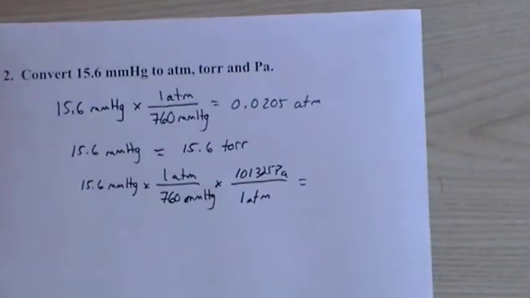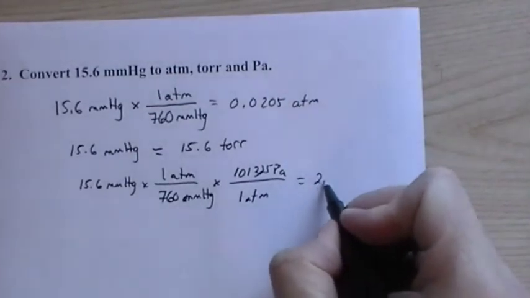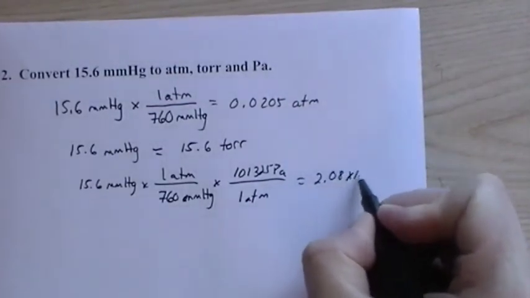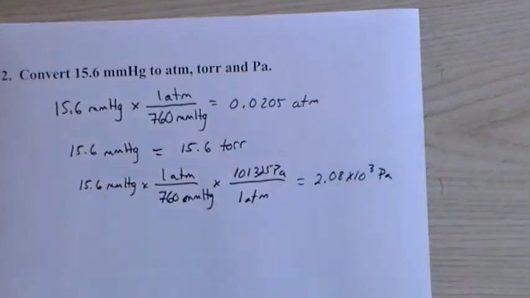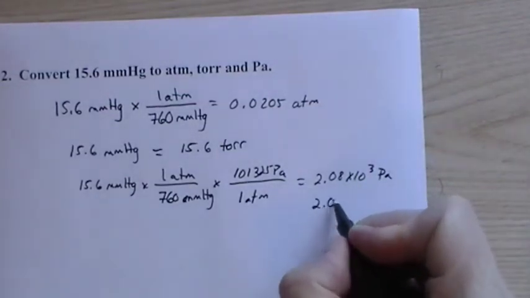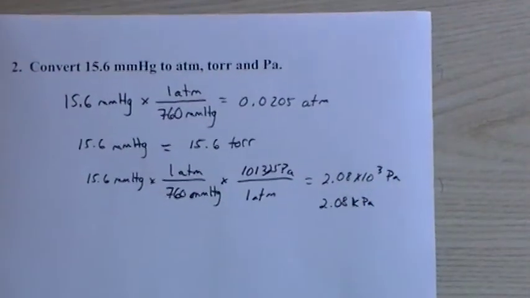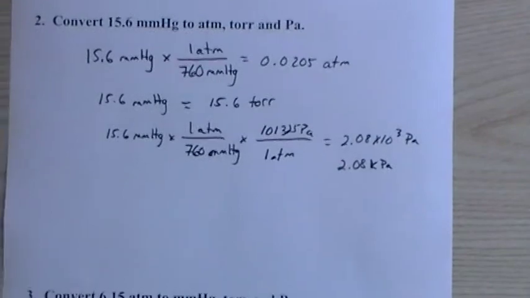It uses the base units of the metric system, so that's why it has such a large number. It's also the reason that we don't use pascals that much, because it's just a very large number. And we could certainly change this to kilopascals, which is often done because it's just such a large number of pascals per atmosphere.